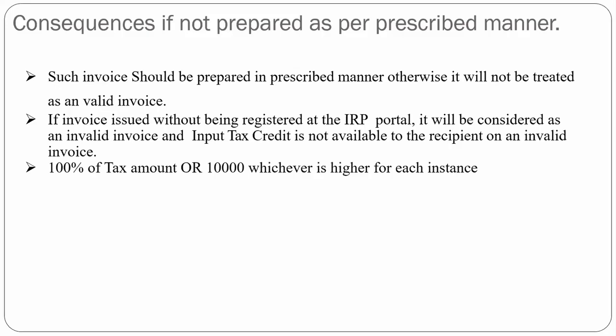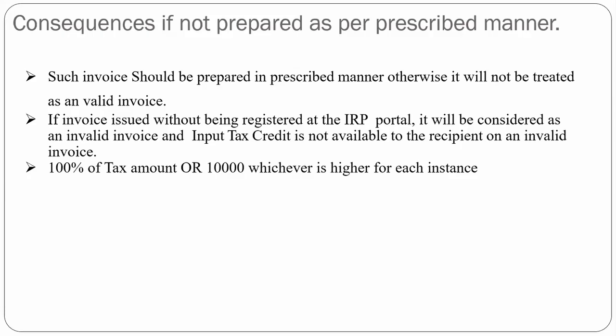And the most important part: 100% of the tax amount, whatever the tax amount is, or 10,000 rupees, whichever is higher, for each such instance of not preparing or preparing wrongly. Now, how important is it? If you have not prepared an e-invoice for 1st of April, I have to raise an e-invoice for Punit Mehta, and I have not raised it.